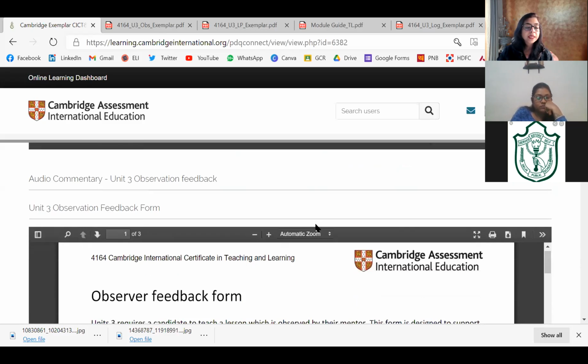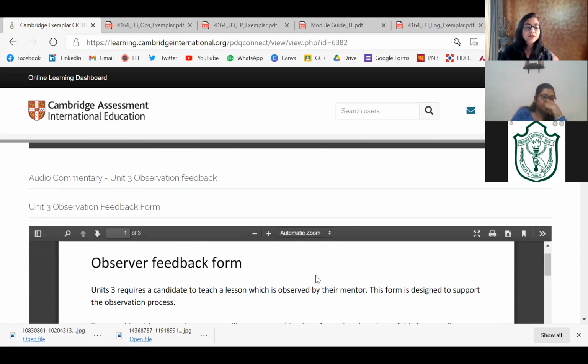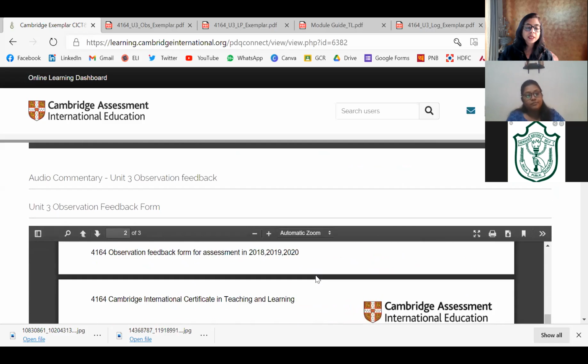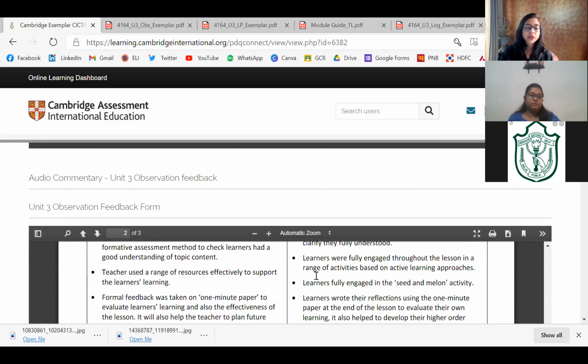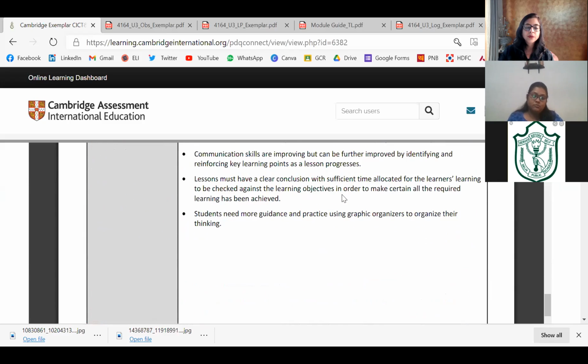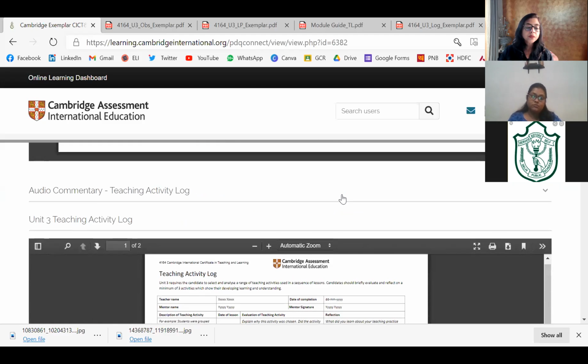After that, you also have to fill the observation feedback form, which is the same as before, with the pre-observation discussion, the observation record, and the post-observation discussion. All of this is the same as your unit 2.